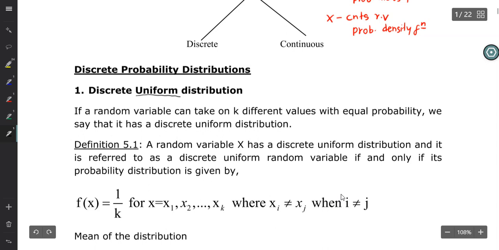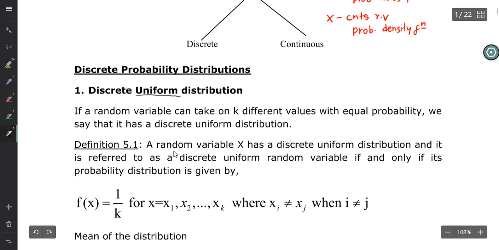When we see the word uniform, you all know the meaning of that. Uniform means it is equal everywhere. If a random variable can take on k different values with equal probability, we say that it has a discrete uniform distribution.